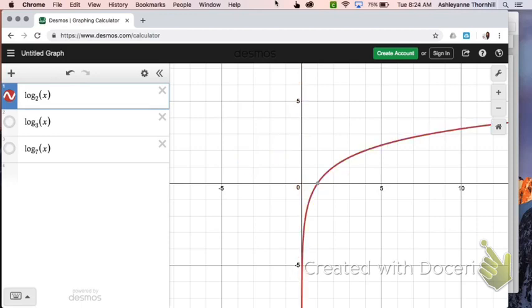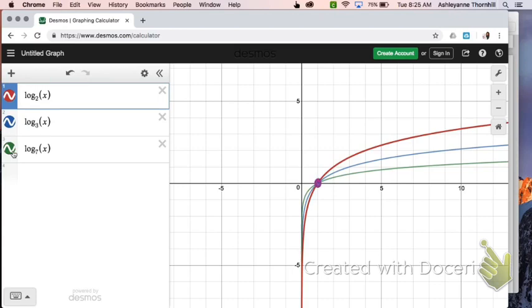Now, if I am going to graph log base 3 of x, so go ahead and change that. I'm just adding it. So the red one is log base 2. The blue one is log base 3. What do you notice about the point? Still the same. And then if I change it to log base 7, what do you notice about the point?